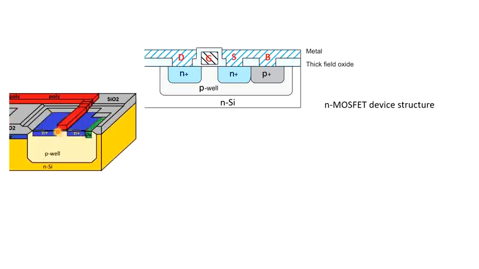Here also under the gate the oxide is pretty thin, but on this side, where this polysilicon line will be lying, the oxide is pretty thick, which will act as a field oxide.